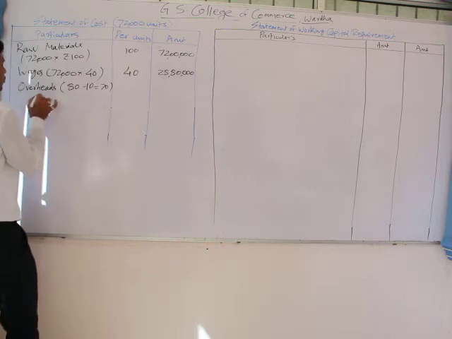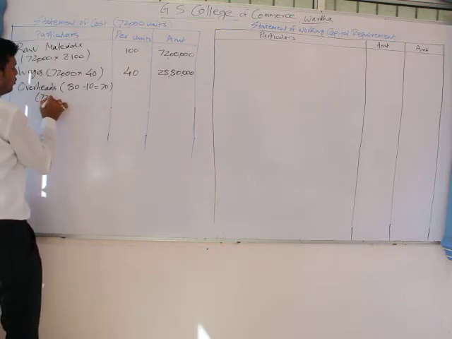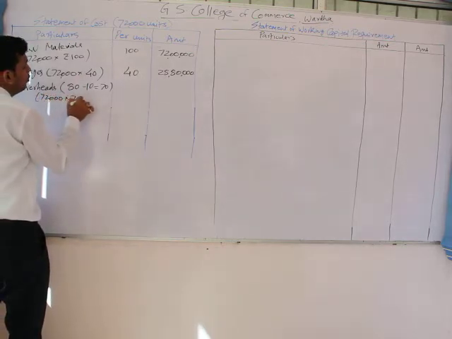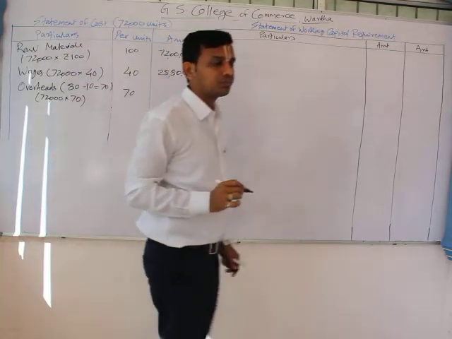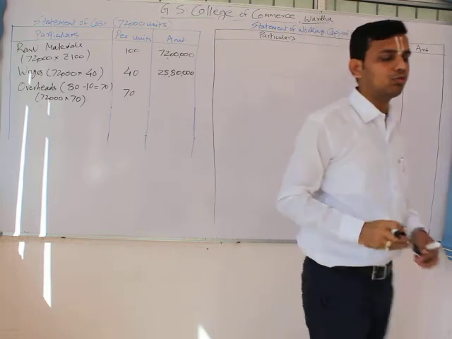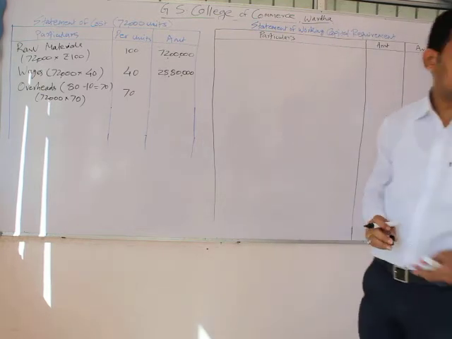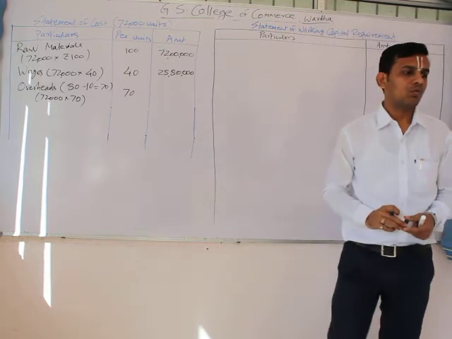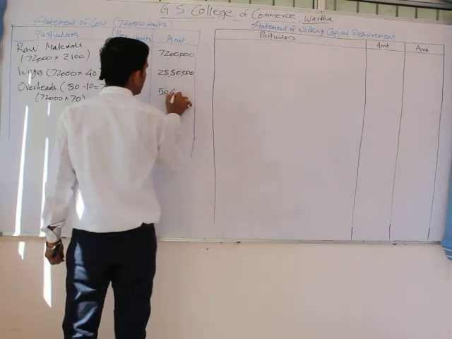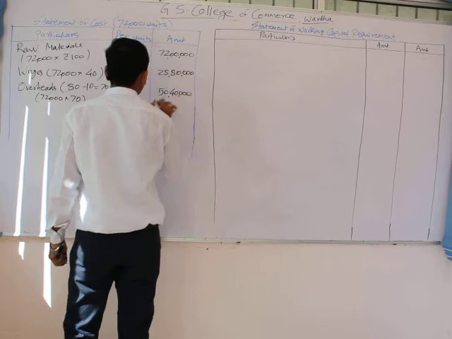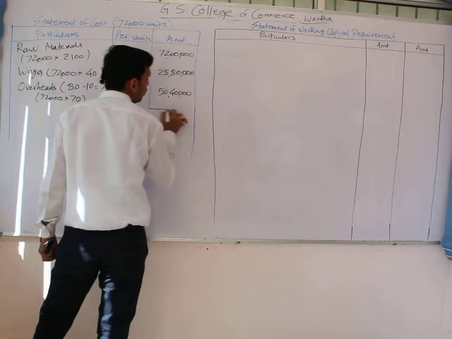Hence we get overhead of rupees 70 per unit, therefore 72,000 into rupees 70 equals rupees 50 lakh 40,000.